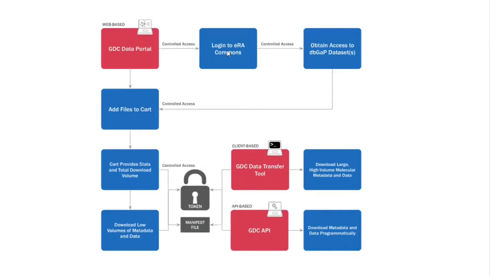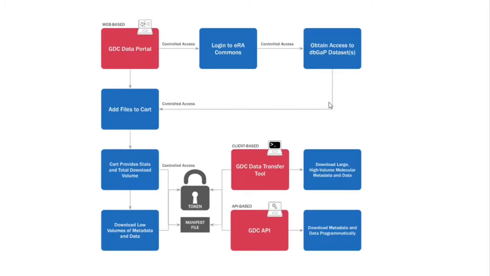So how does the controlled access data work, and how can we get the token for that? For example, we have the GDC portal, web based, that we are using currently. Some of the data is in the form of controlled access. So like this we have to create the account. After creating the account, some of them have controlled access in the form of the particular database of Genotypes and Phenotypes data sets.